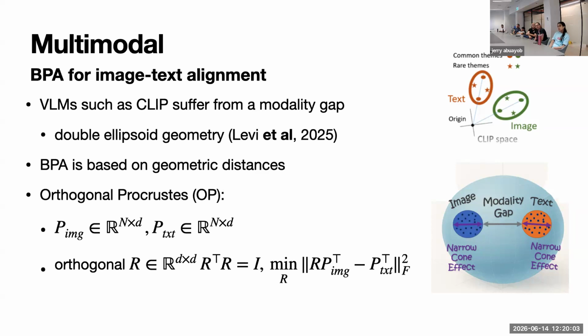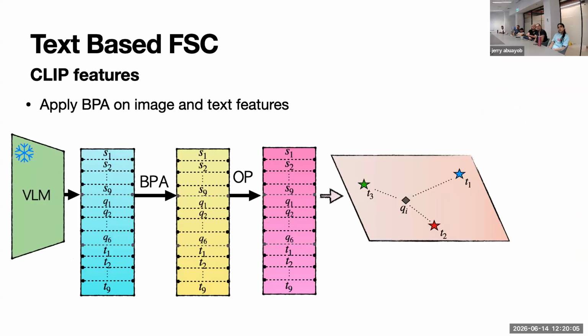Okay, so moving on. Now our pipeline looks like this since we also have the text embeddings. So it's a much larger feature matrix. It's basically still the support and the queries, plus the text embeddings.